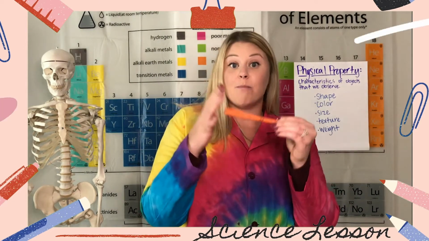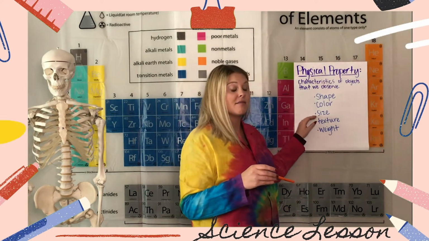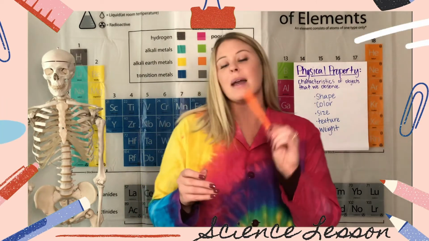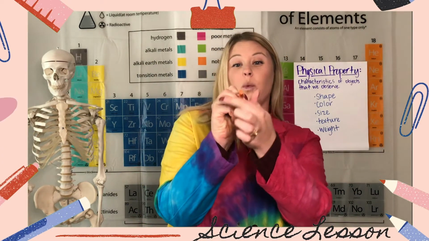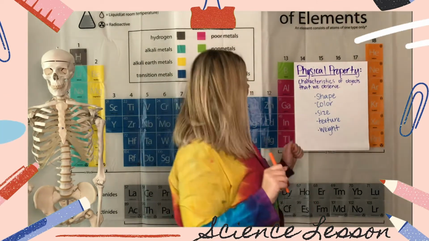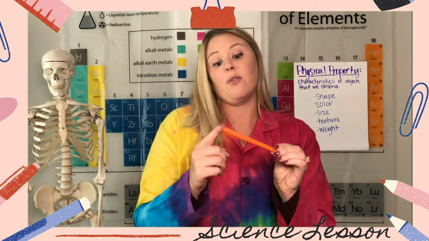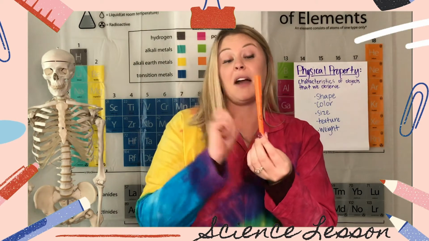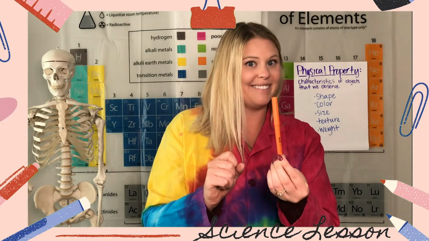Maybe you said it's small, describing the size. Maybe you described a physical property as round, because it's round. That would be shape. Or maybe you just said that it was long. That could also be a physical property. Got the hang of it?